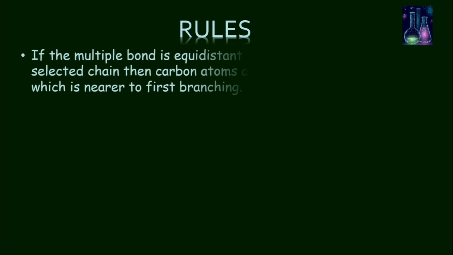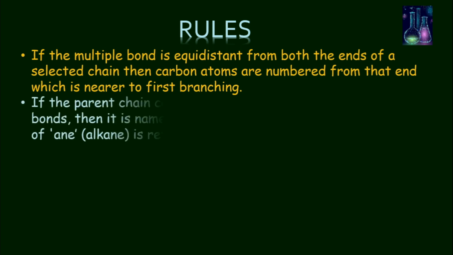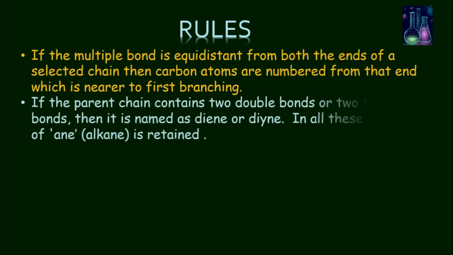Next rule. If the multiple bond is equidistant from both ends of the selected chain, then carbon atoms are numbered from that end which is nearer to the first branching. If the parent chain contains 2 double bonds or 2 triple bonds, then it is named as diene or diyne. In all these cases, the a of alkane is retained.